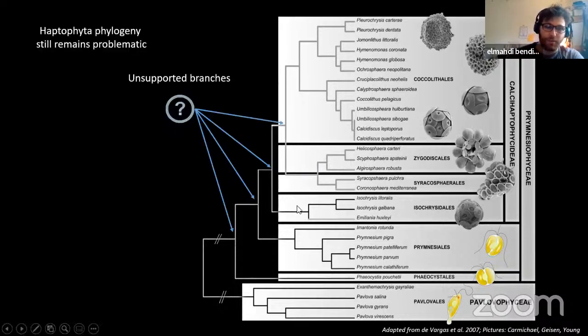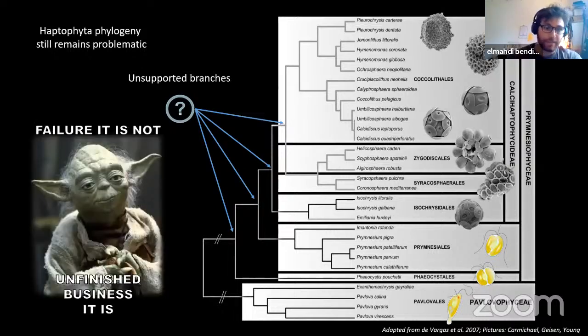There are still some unsupported branches, and those unsupported branches are quite troublesome in a way, because some of those branches are the ones that we need for calibration of the haptophyte molecular tree or the molecular clock. It doesn't mean that the Calcihaptophycidae is not monophyletic. It's just not always supported depending on which genes we are using when we are making a phylogeny. Again, it's not a failure.